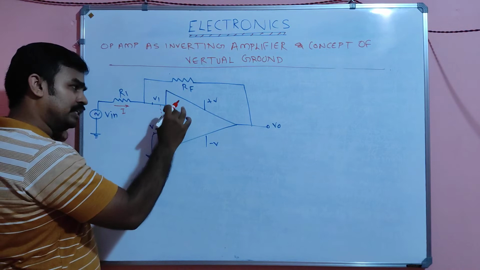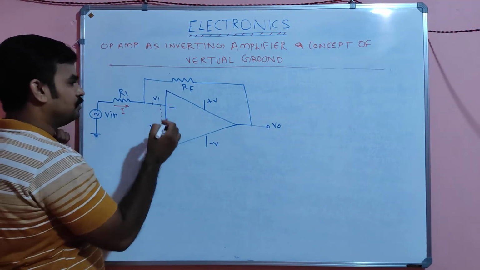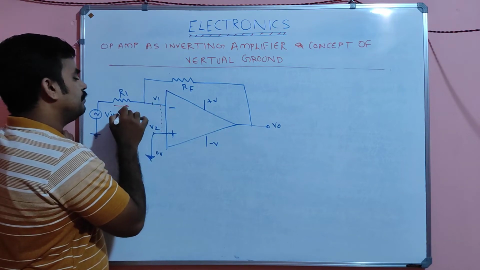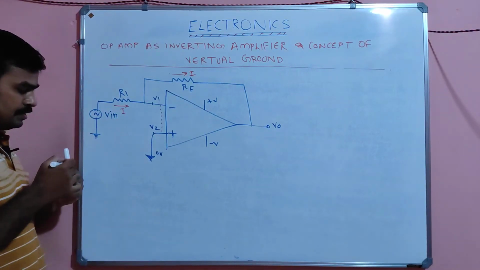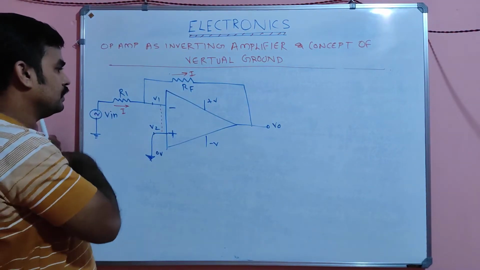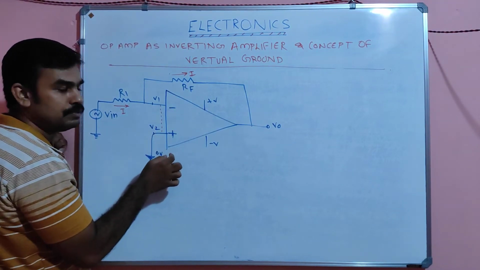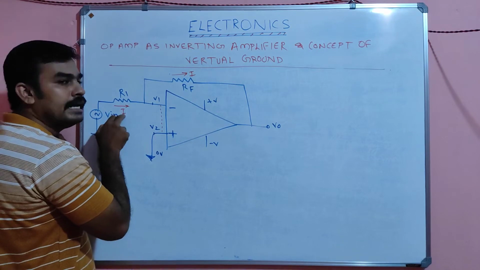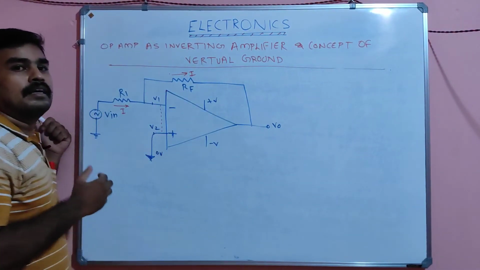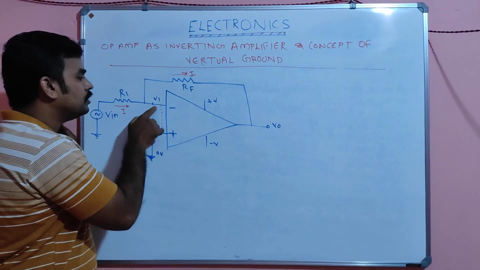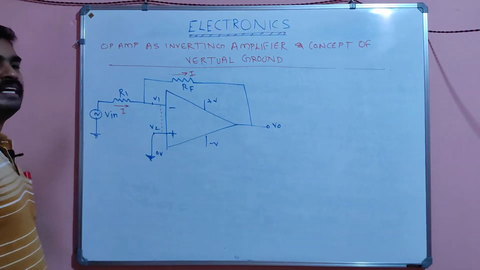Ideally it is infinity, practically it is very high, so there will not be any current through this. If I am sending a current I here, the same current will flow here also. There will not be any difference in current, since this is a high impedance region.